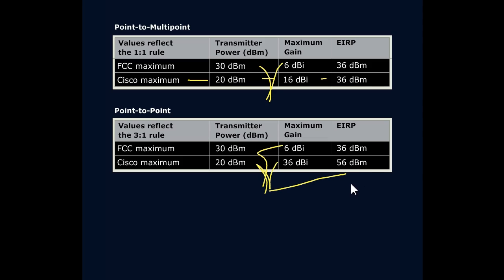Now, again, why does Cisco change that property? Again, for simplicity in working in both a point-to-multipoint and point-to-point system, and to work in different countries, they've established a system which stays within the norms. So notice, although they're not using 30 and 6, they meet the regulatory boundaries of the overall EIRP according to the standards that have been set out.